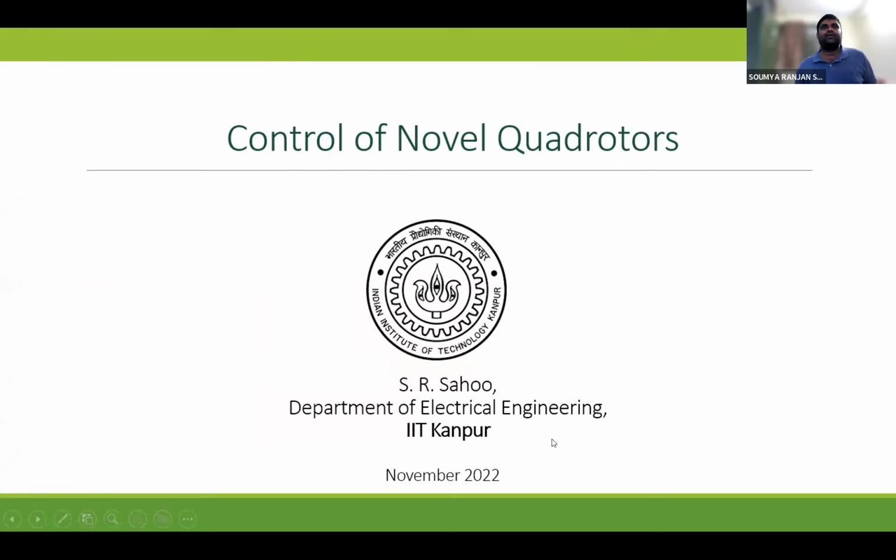Okay, so my talk would be very brief. As Abhishek mentioned, we have been working on this tilt rotor quad rotor for quite some time now. But this is not exactly a new design that we have proposed; rather, we are looking into various control aspects of these quad rotors.